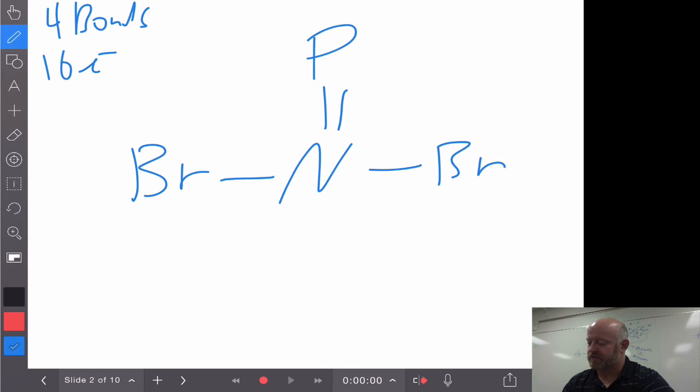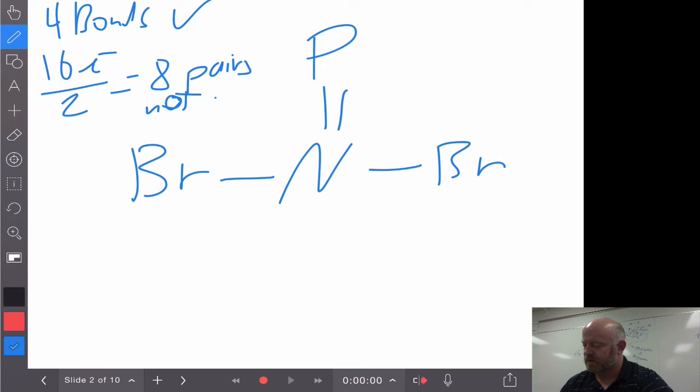So I have my 4 bonds, so check, I've done that, and now I have 16 more electrons I'm going to put on. Well, those 16 electrons, I'm going to divide that by 2, so basically I have 8 pairs that are not shared that I'm going to put on this thing to finish it up.